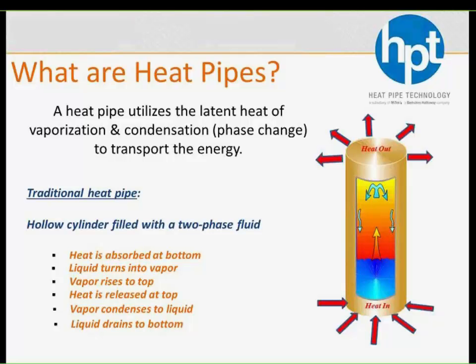As the heat is absorbed, that refrigerant changes phase from liquid to vapor, and it's flowing up to the top of the heat pipe and releasing that heat. When it releases that heat, it's condensing, and that process starts all over again. It's completely passive. It's just using a temperature difference between the two ends of the heat pipe for that phase change to take place. So it's essentially a device that can move energy very quickly with the use of a refrigerant changing phase.